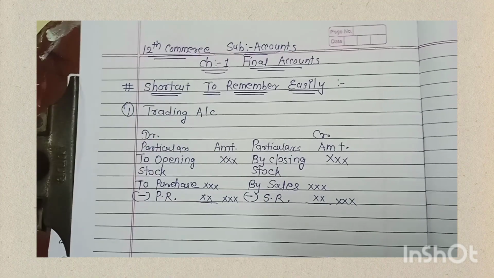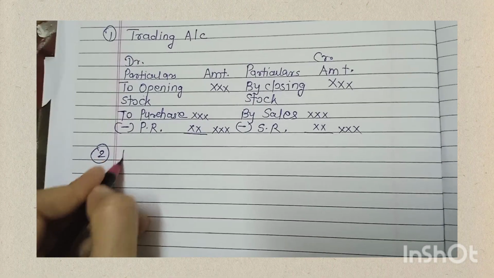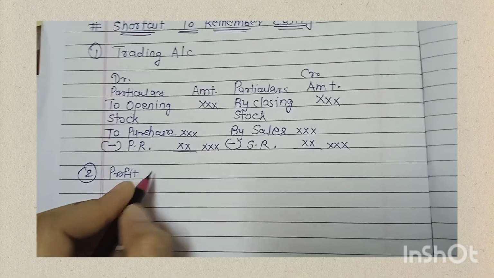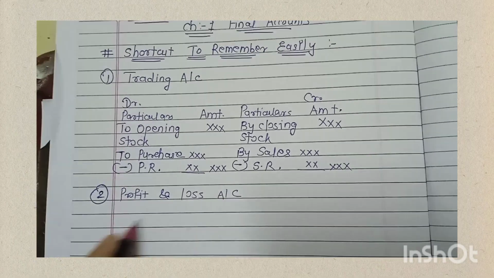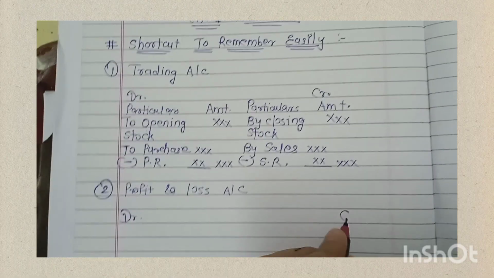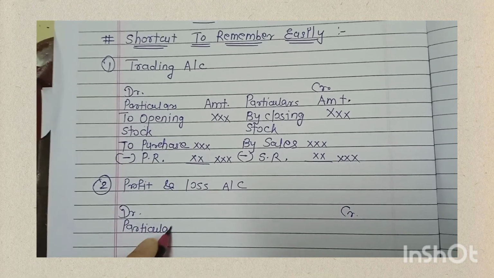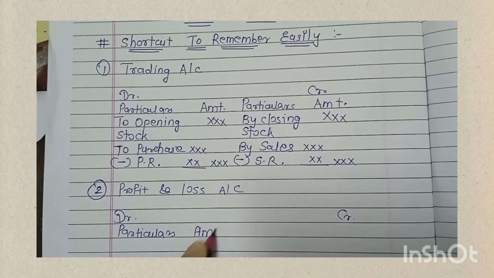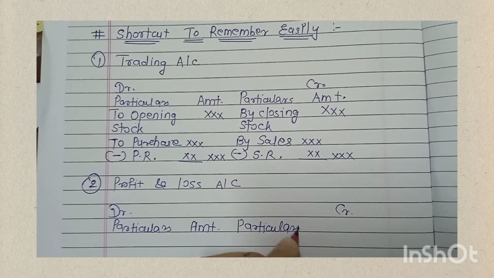Now we will see the shortcut for the profit and loss account, with debit, credit, particulars and amount.